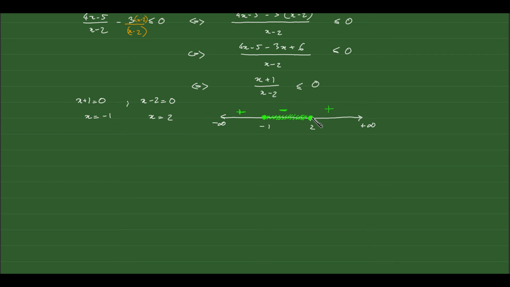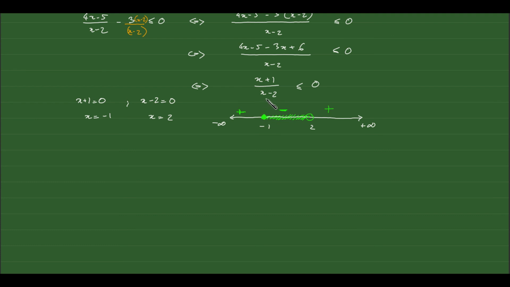It means that right over here you cannot use a closed circle at 2. You have to use an open circle at 2, because you cannot have 2 here. 2 minus 2 is 0, undefined. So you have to be careful.